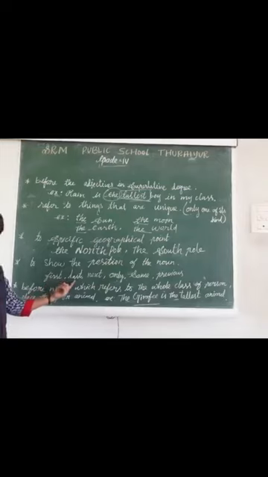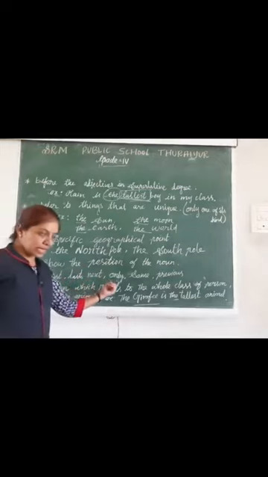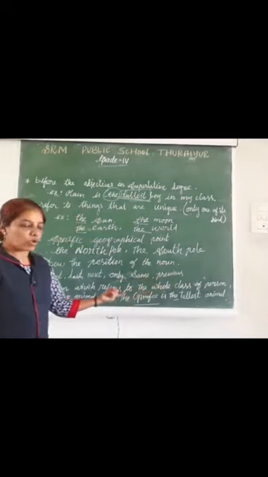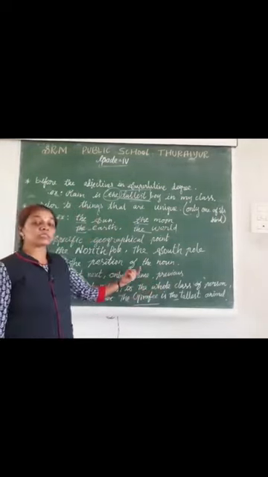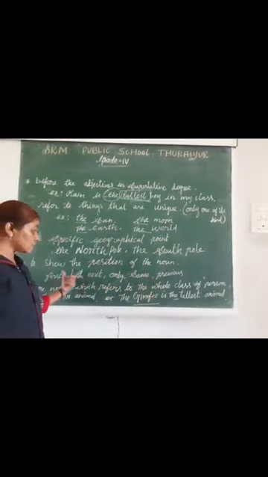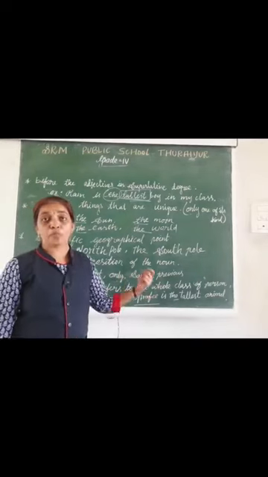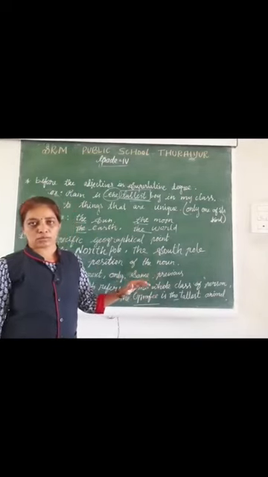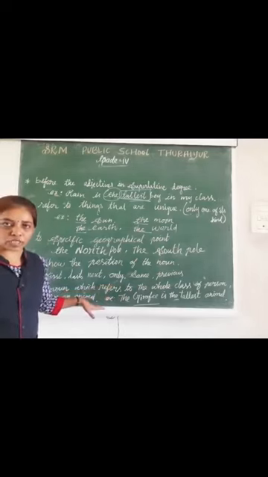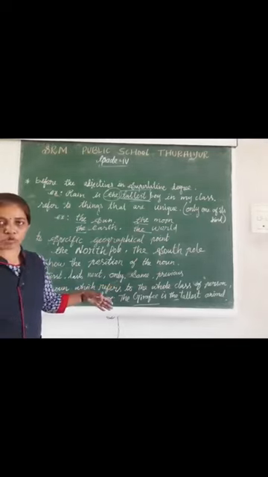First, last, next, only, same, previous. Before these words we have to use "the", because these words show the position of the noun. Okay? Are you clear? Shall we move to the next one?